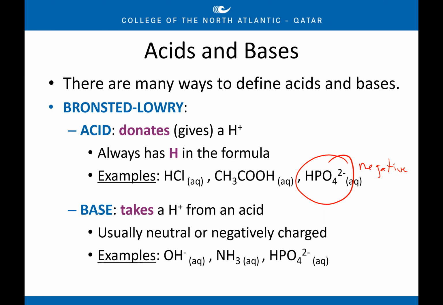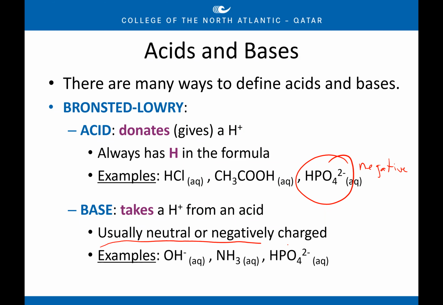They're like the perfect partner. So if an acid donates a hydrogen, the base accepts or takes that hydrogen. That's what acid and base chemistry is. I'm getting to your question, Aman, but I'm going to go a little bit further.